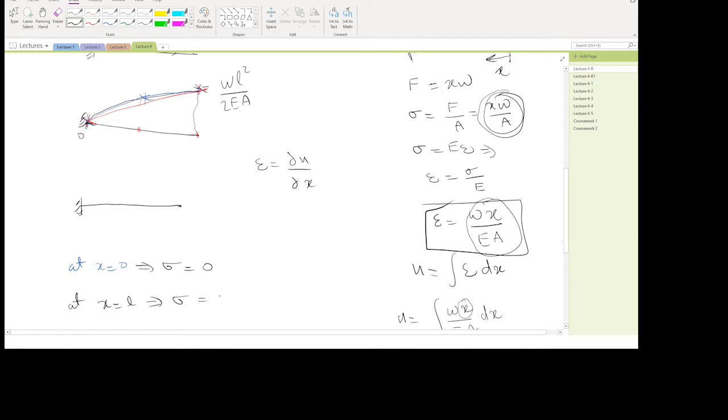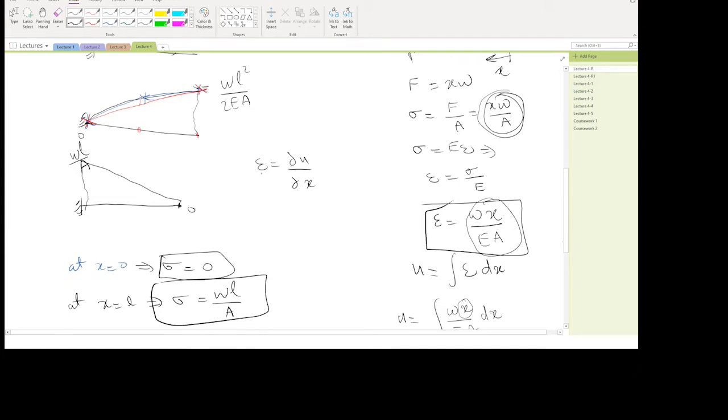So sigma is going to be wL over E. Sorry, this is the stress, so it is divided by A. So the stress in this case is varying between 0 and the maximum number. So this is 0, and this is wL over A. So this is the maximum number.